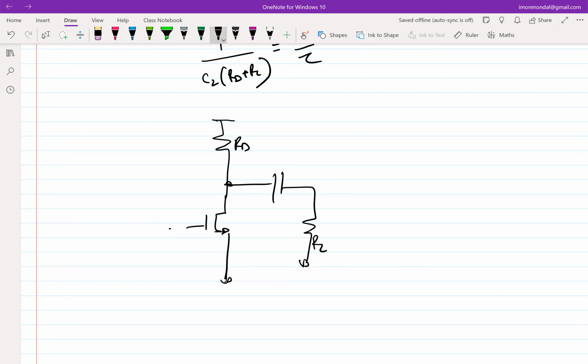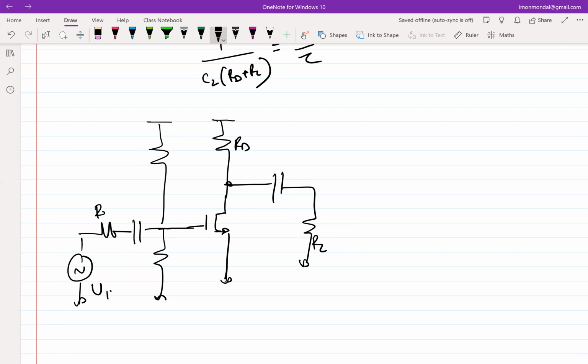Let me sketch this full stuff. The incremental current through this transistor is GM times VG.